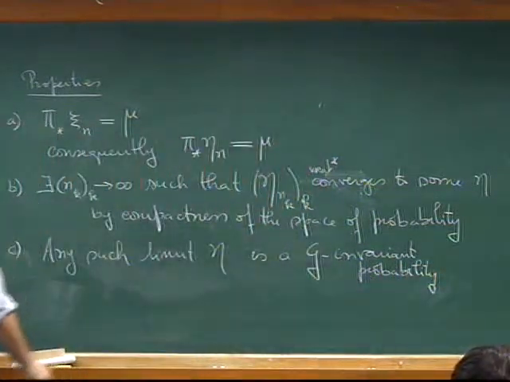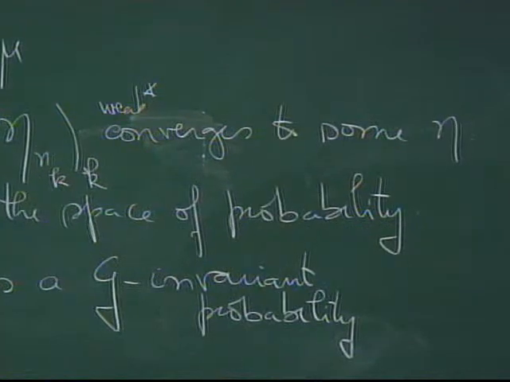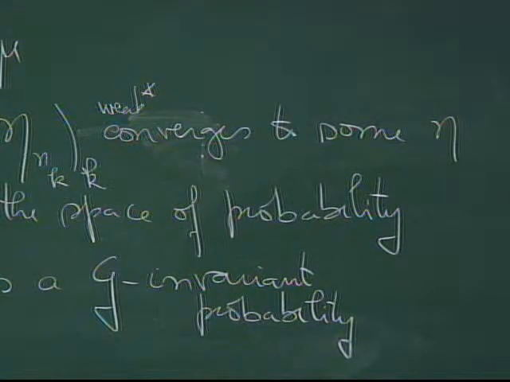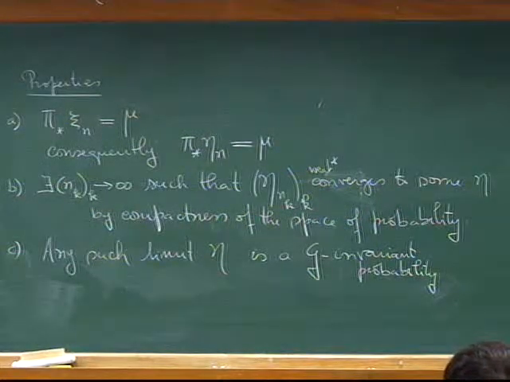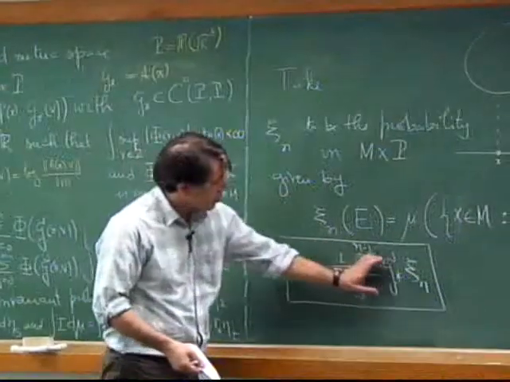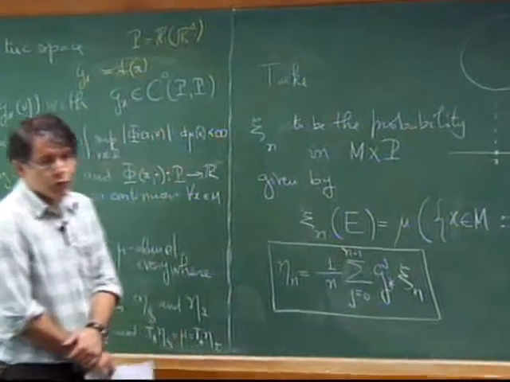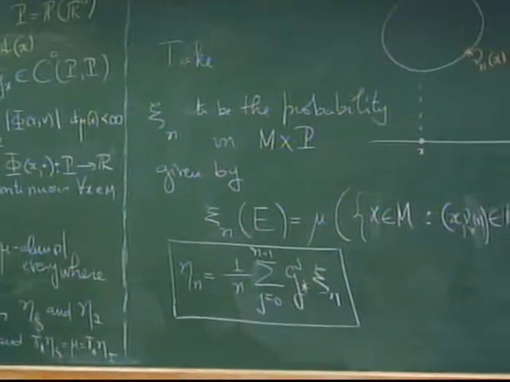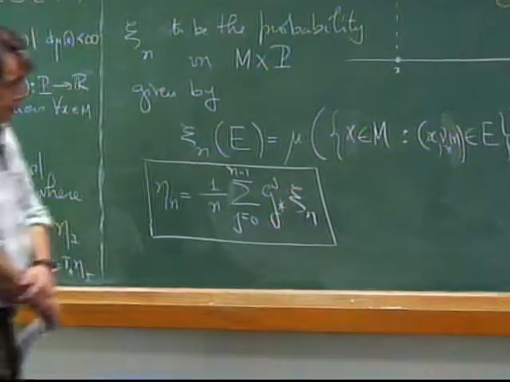It's also explained in the book, and it's essentially automatic from the form. It is to get C that we choose eta n of this form as an average of the iterates. Any accumulation point of this sequence is essentially automatically invariant.